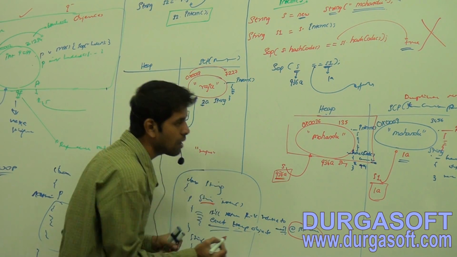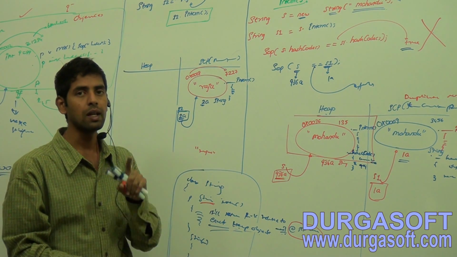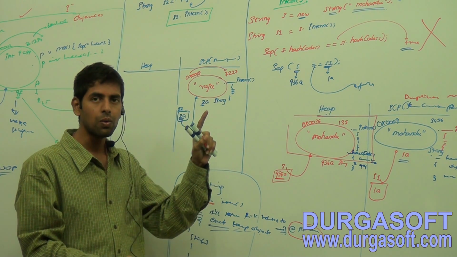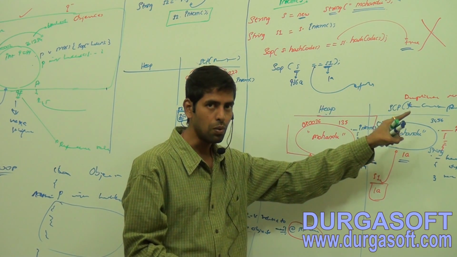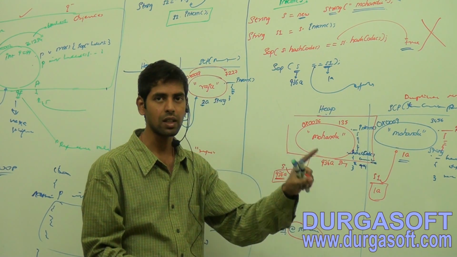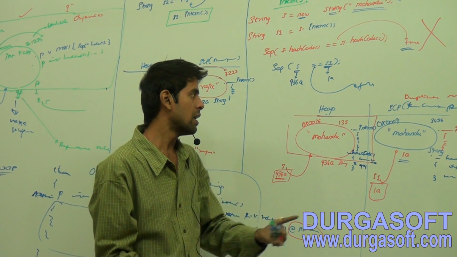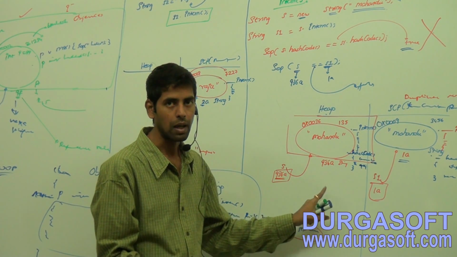It will always return the SCP, that is string constant pool area object reference value only. It will not return this heap area object reference value.